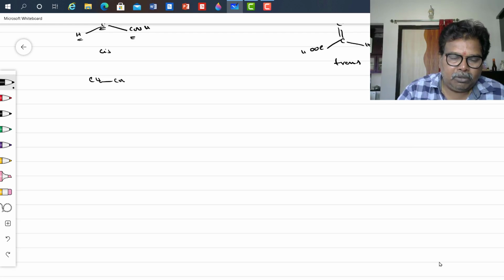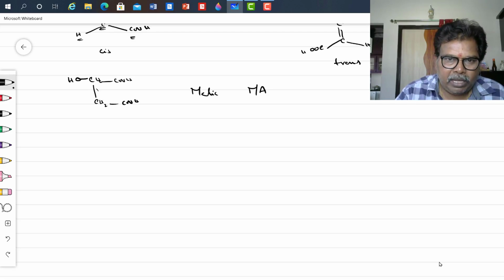CH COOH, CH2 COOH. So this is succinic acid actually, but in succinic acid, if one hydrogen at a carbon is replaced by an OH group, then it is called malic acid.